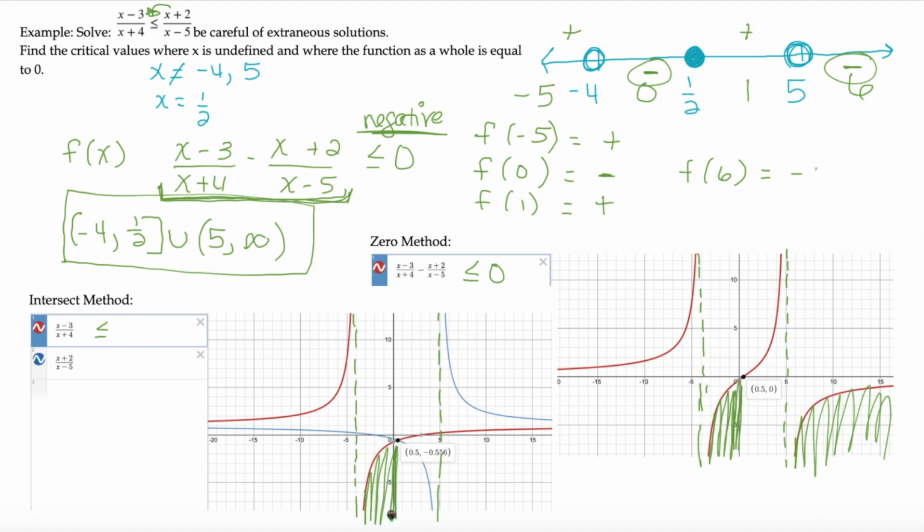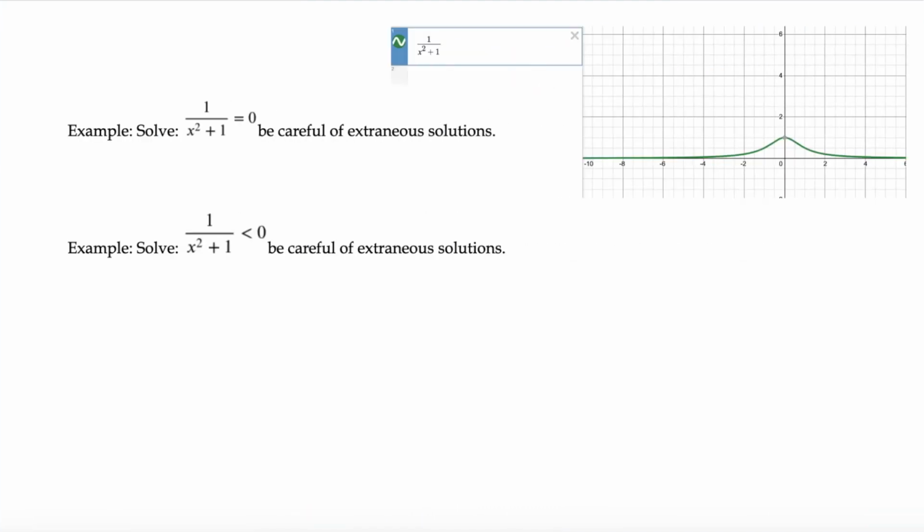And then again, my red graph is less than my blue graph in this area. So that's another way in which we can utilize the graphing to help us. Let's move on to slide 7.